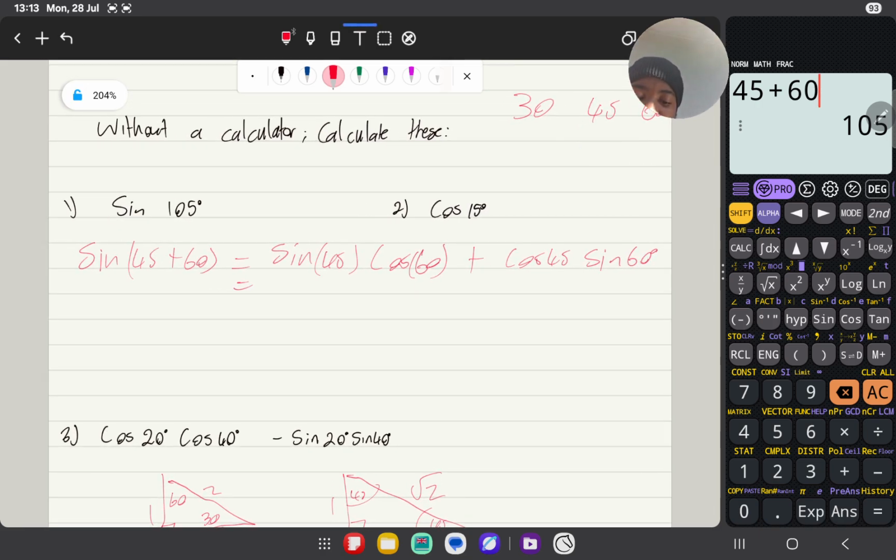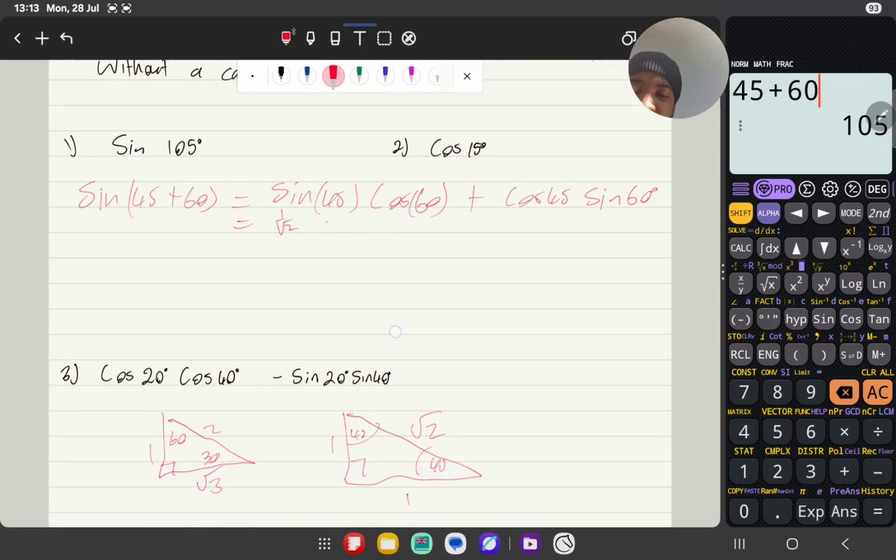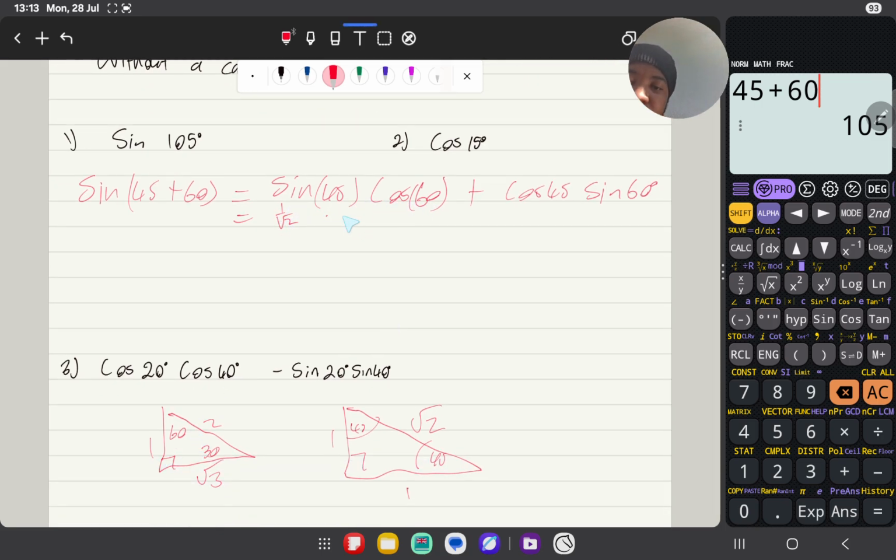Now sine 45 is 1 over square root of 2 multiplied by cos 60, which is adjacent over hypotenuse, 1 over 2, and then I have a plus. Cos 45 is 1 over square root of 2, and sine 60 is going to be square root of 3 over 2.